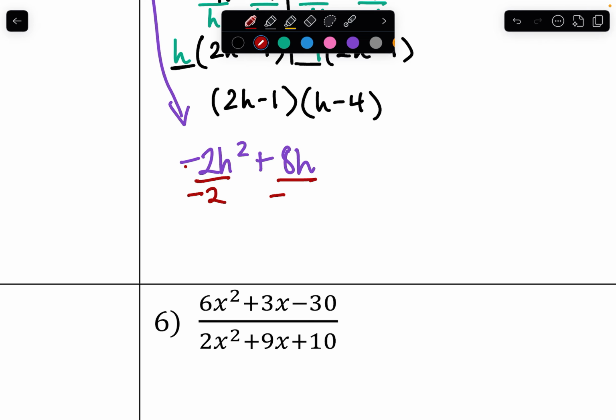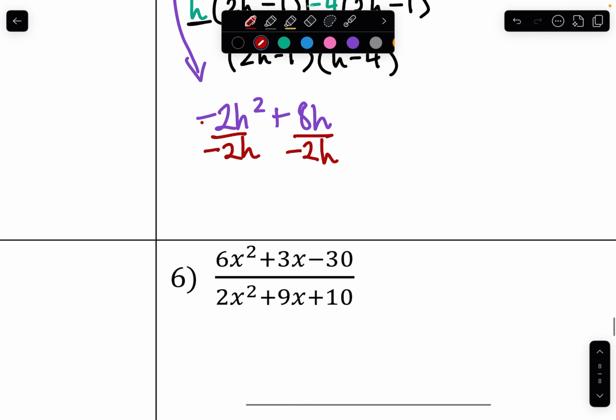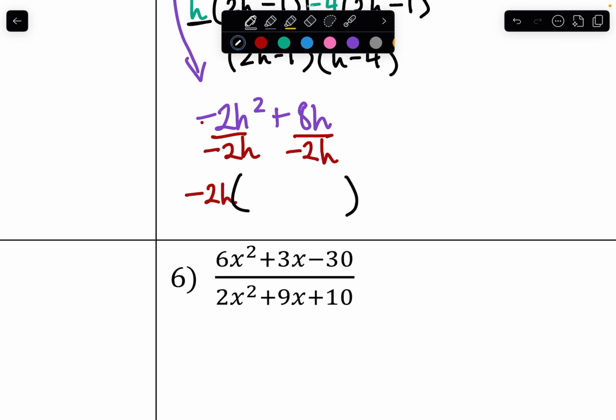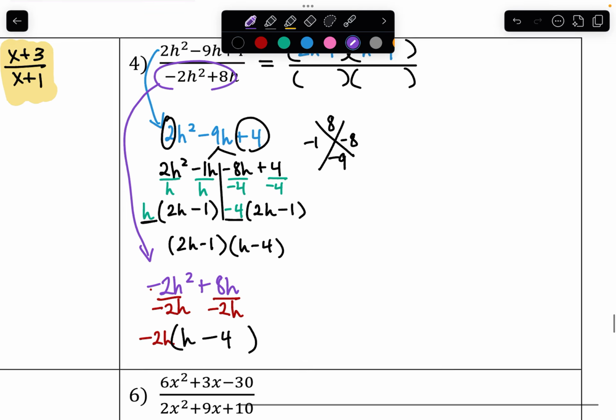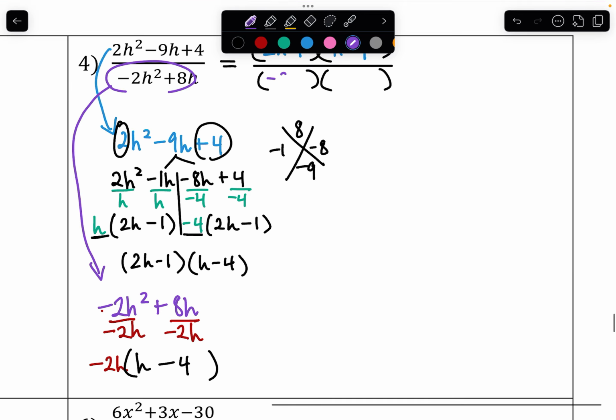We can also divide both by 2, and they both also have an h. So we are going to divide out the negative 2h, which would leave 2 terms behind. The first term would just be h, the second term would be minus 4. So negative 2h is one of my factors, and h minus 4 is the other.